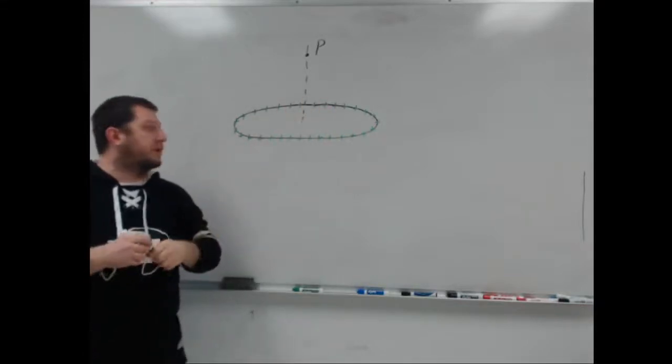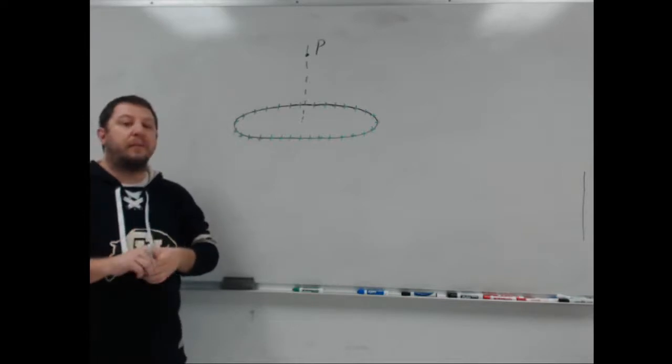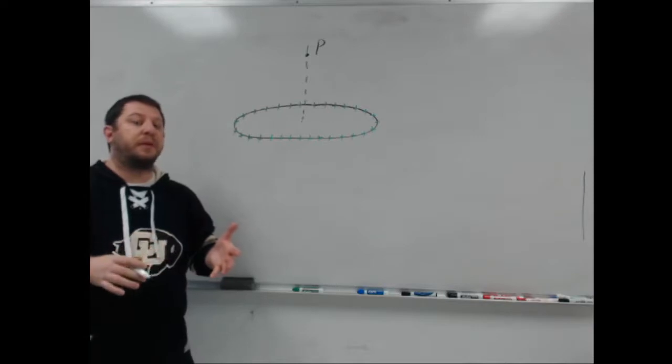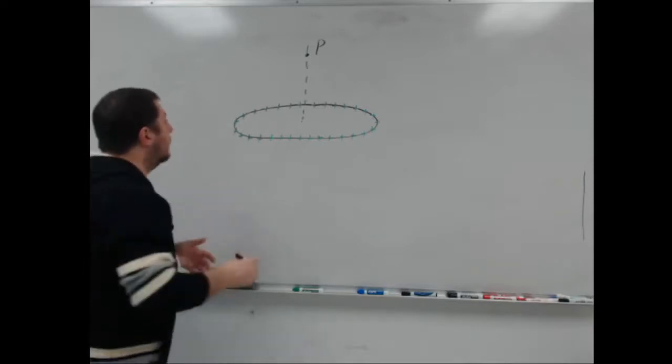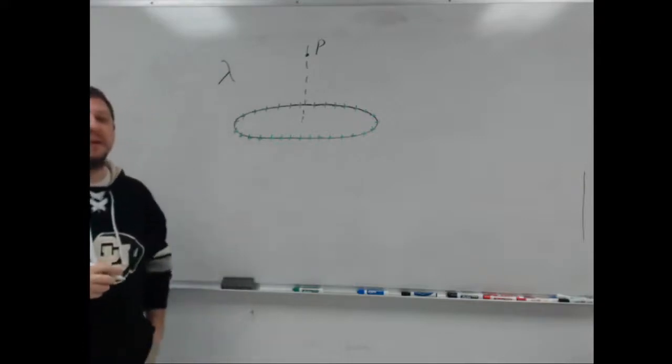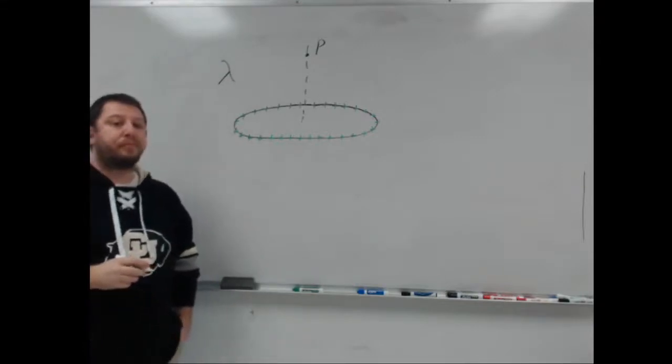So my charge density is going to be a charge per unit length, or a lambda. So I'm going to have a charge per unit length.